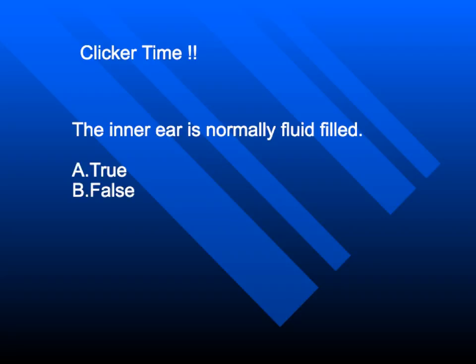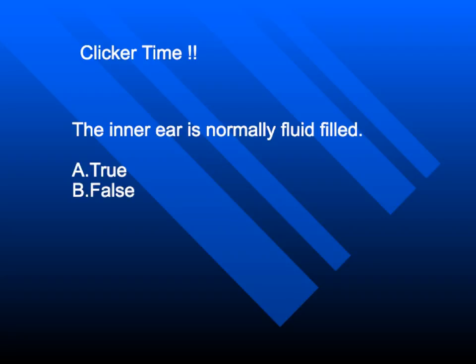All right, so I don't have clickers, but I want you to just get your knowledge out there and see if you remember. So the inner ear is normally fluid filled. True or false? Who said false? Okay, so inner ear. Remember, the inner ear is where your semicircular canals and cochlea are.